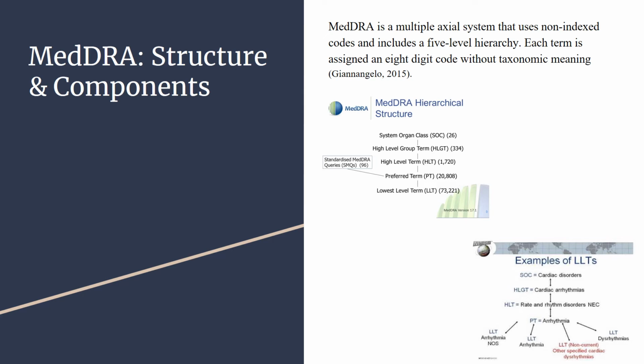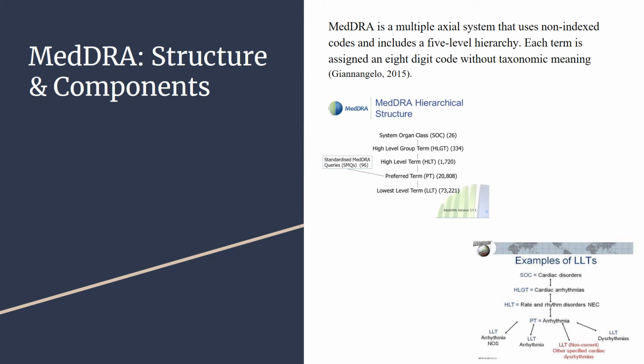The MedDRA hierarchical structure is built in which LLT terms are mapped to PT terms, PT terms are mapped to HLT terms, HLT terms are mapped to HLGT terms, and HLGT terms are mapped to SOC terms.